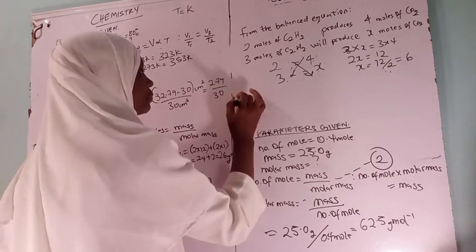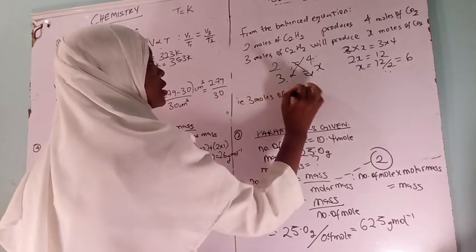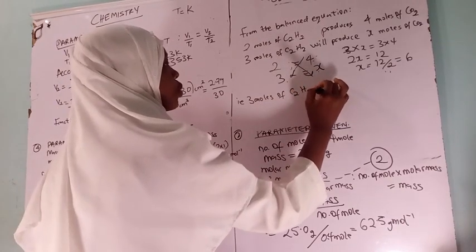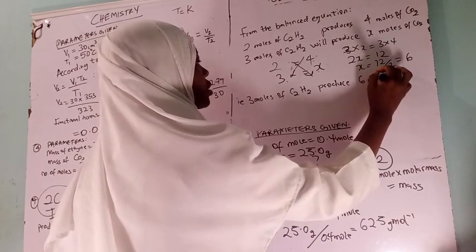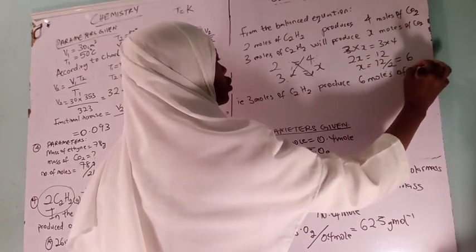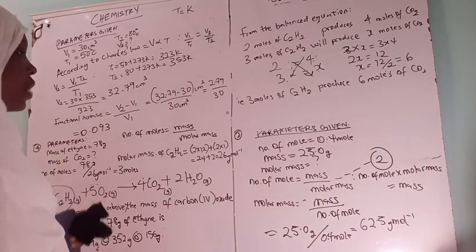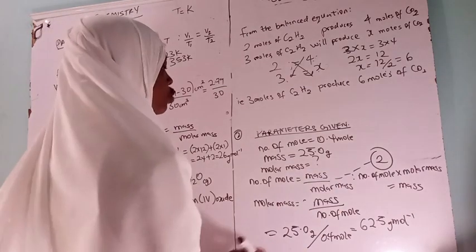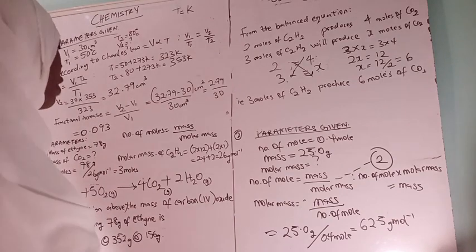That is 3 moles of C2H2 produces 6 moles of CO2. Now, from this, let's go back to equation 2 to calculate the mass of carbon dioxide.